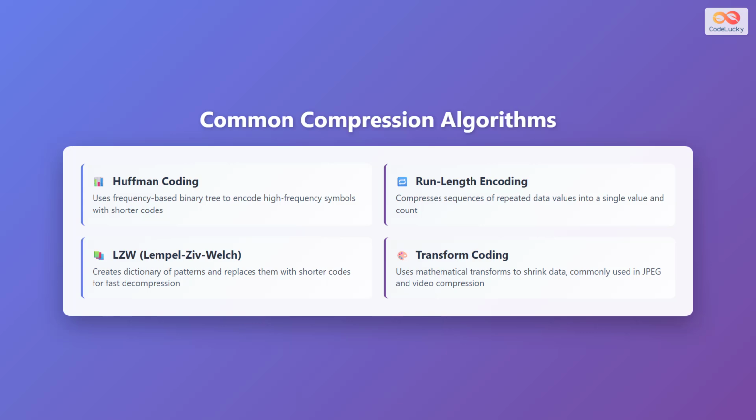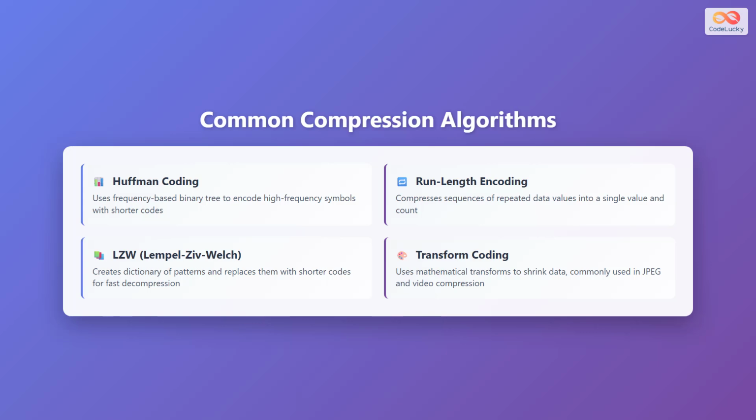Several algorithms power compression technology. Huffman coding uses frequency analysis. It assigns shorter codes to symbols that appear often and longer codes to symbols that appear rarely, making files smaller. Run-length encoding is simple but effective. It compresses sequences of repeated data by storing just one value and how many times it repeats.